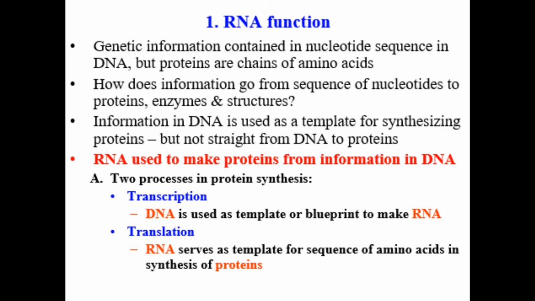So we're going to look at these two phases of gene expression or protein synthesis, which we're going to call transcription and translation. Those are to come. In order to understand how transcription and translation work, we need to look at RNA.